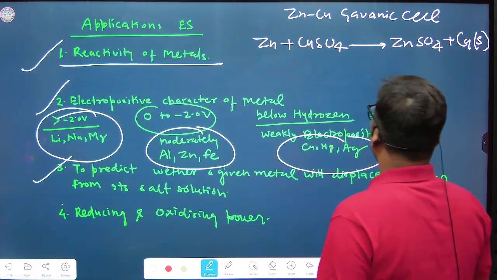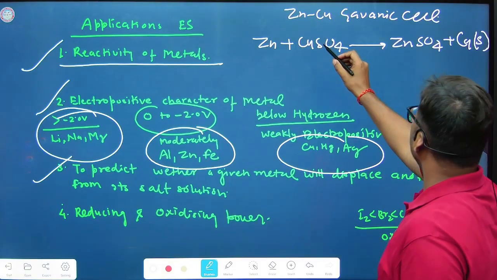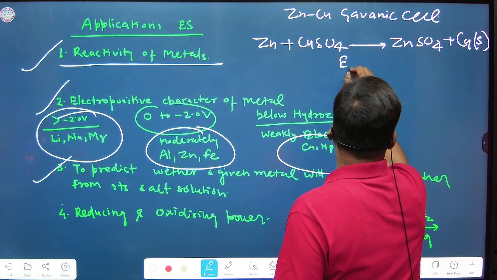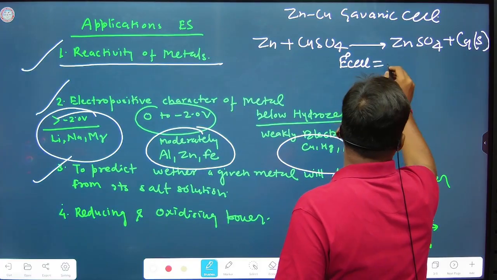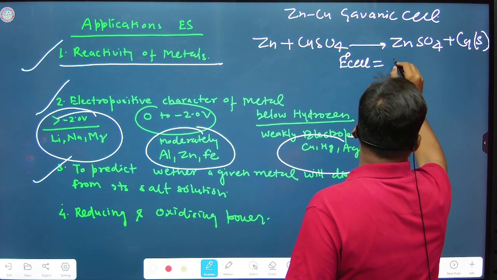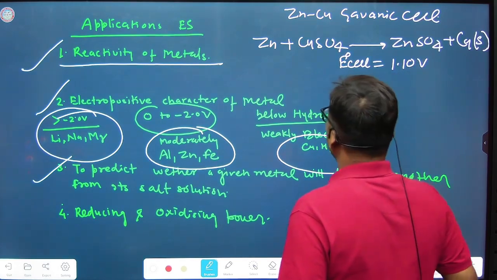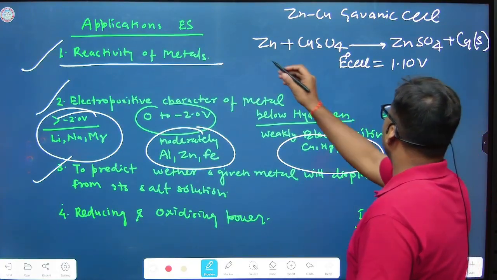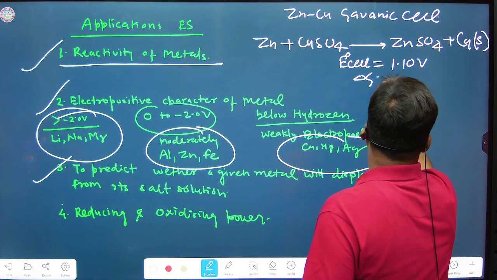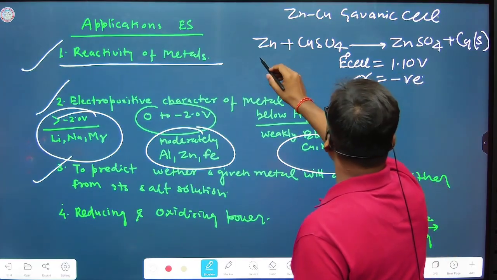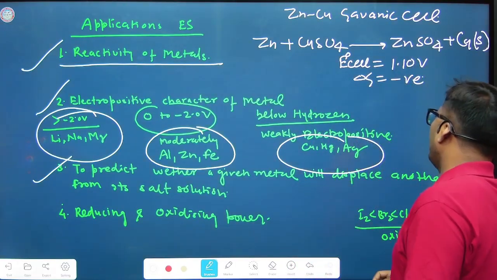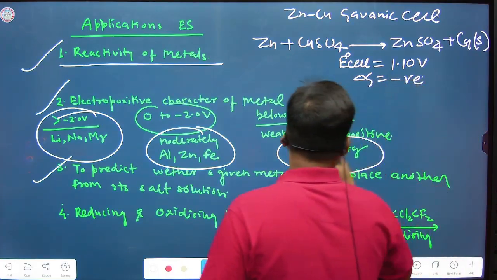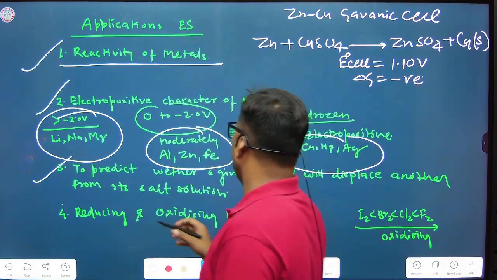This is the overall cell reaction in a zinc-copper galvanic cell, and the overall cell potential E0 cell, as you have studied earlier, is 1.10 volt, right? Because of the positive standard cell potential, this reaction is thermodynamically favorable. It means the formation of products is actually thermodynamically favorable.